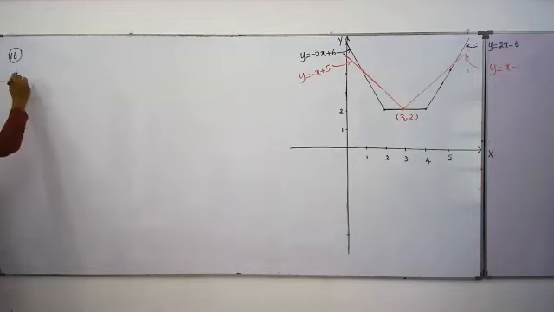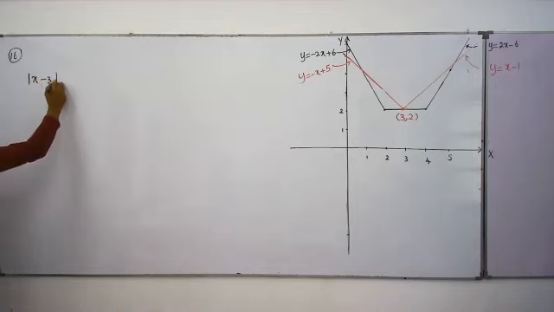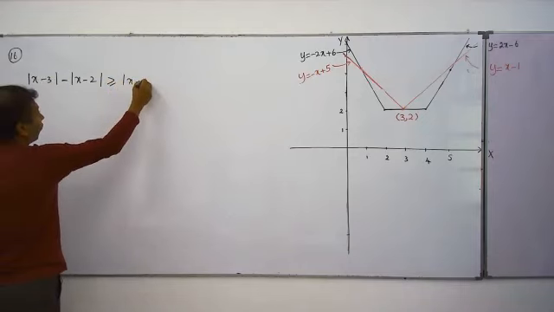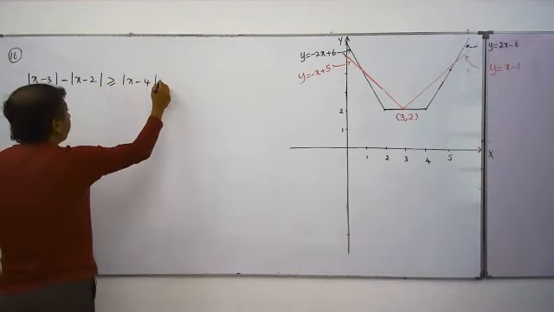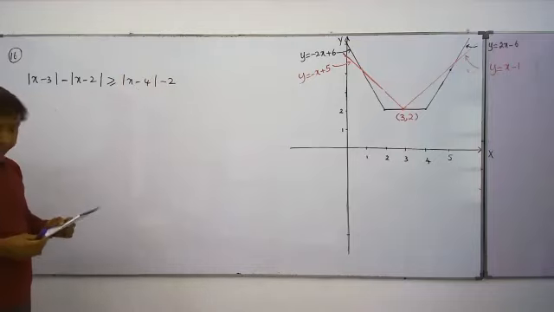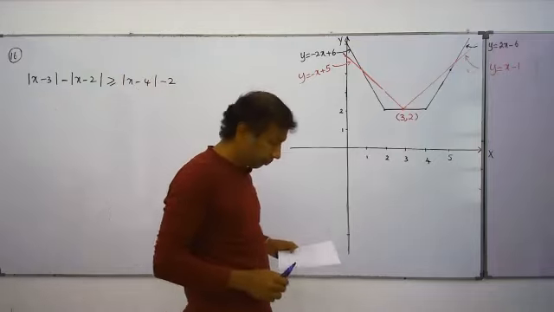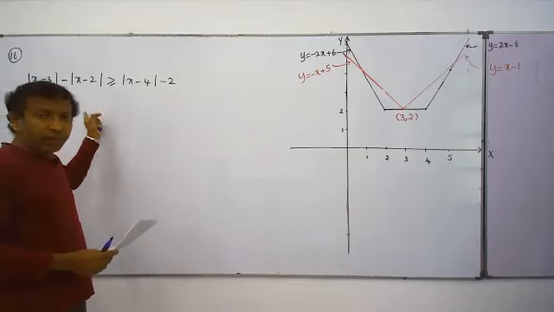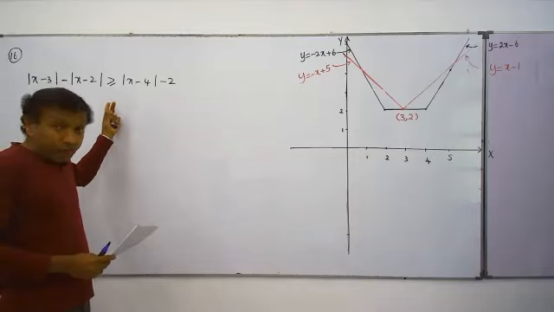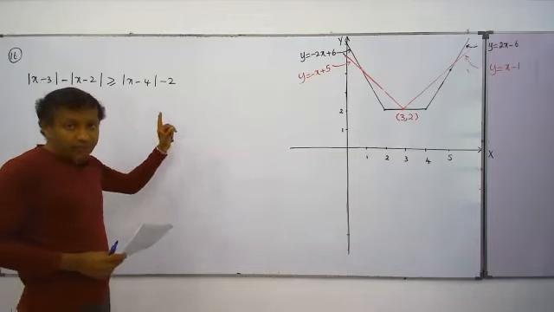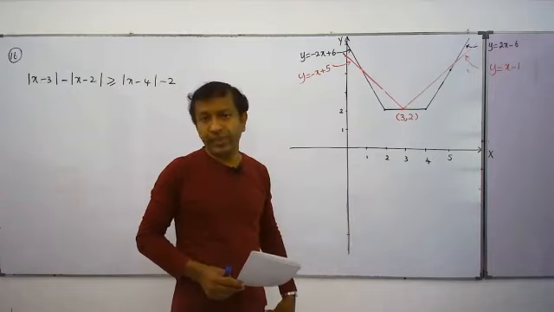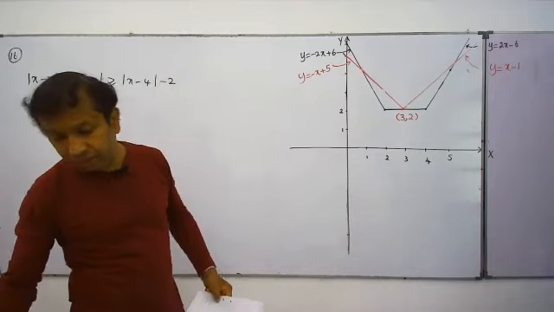Find x such that mod x minus 3 minus mod x minus 2 is greater than or equal to mod x minus 4 minus 2. Understood? Right. What is our first purpose, people? By this inequality, on the left and right, we should be able to form the equations of the graphs here we drew. That's the first attempt, right? And thereafter we can take the next answer, right?